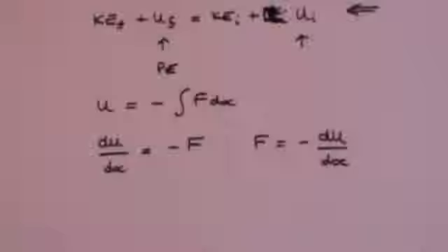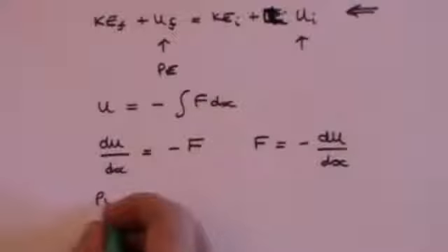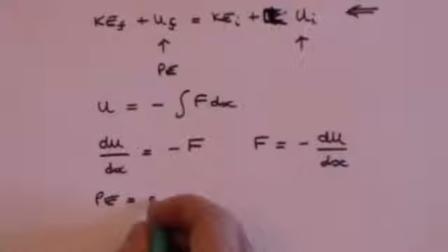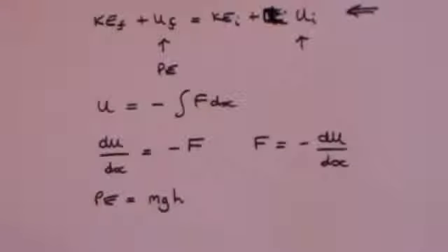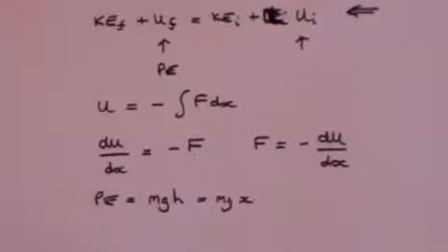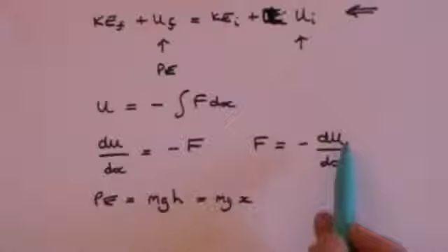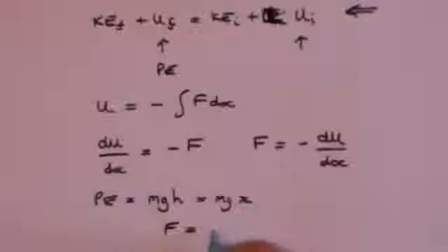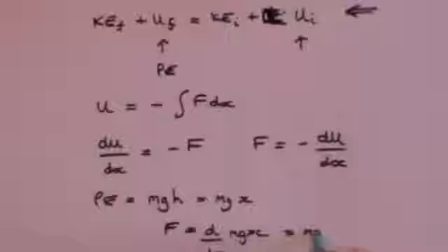So for example, if we took the example we used before, where we said the potential energy in a near-Earth situation, where the gravitational field is not changing much, is mgh, where you could equally write that as mgx, because h is simply a distance and x is a distance, then what we're saying is that the force is going to be minus the derivative of the potential with respect to x. So the force will equal d by dx of mgx, and that's simply mg.